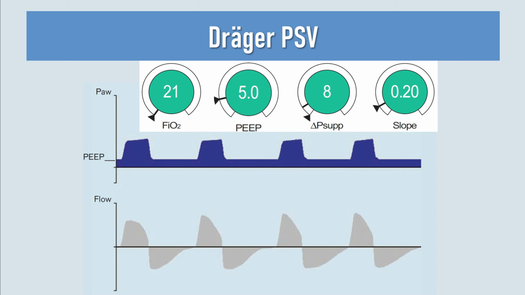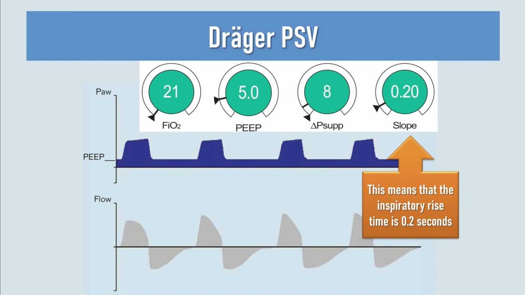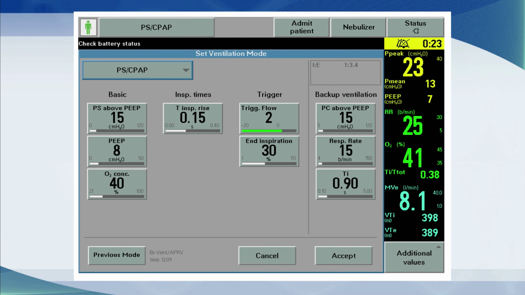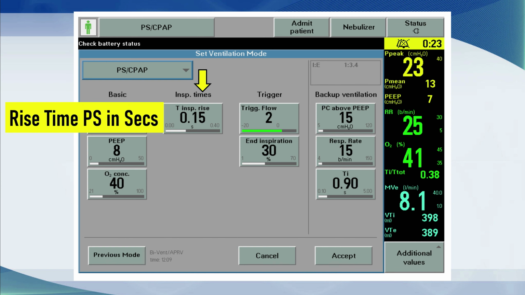And what that reading means is that the inspiratory rise time is 0.2 seconds. It's very, very straightforward. Let's look at a Servo screen capture. And on this, you can see here, there's the inspiratory rise time in seconds. So it's 0.15 seconds. That's the time from zero flow to reaching the pressure support level.